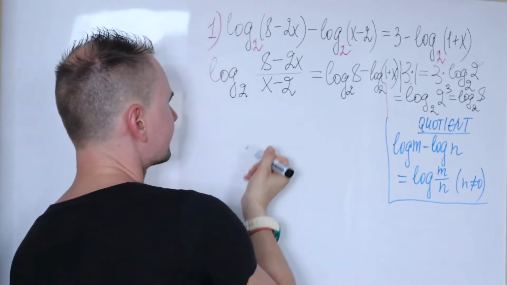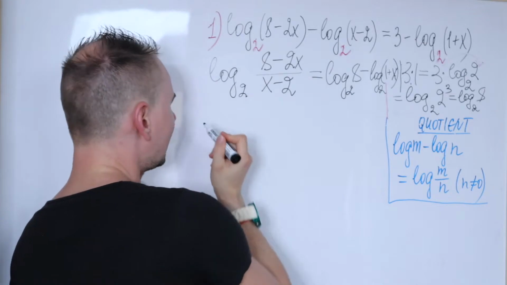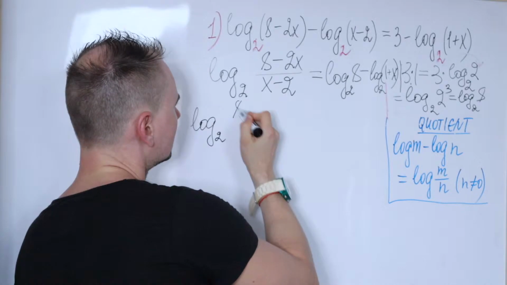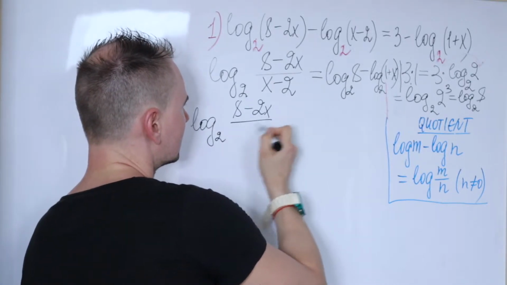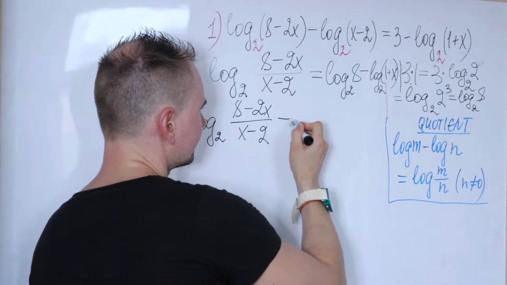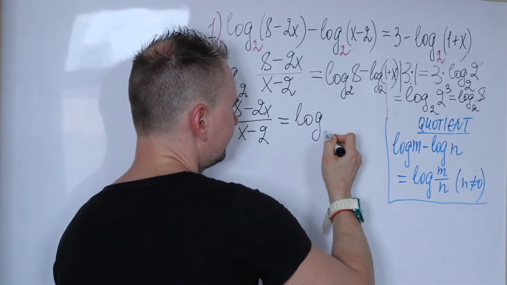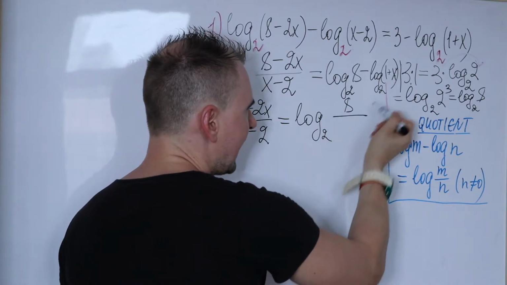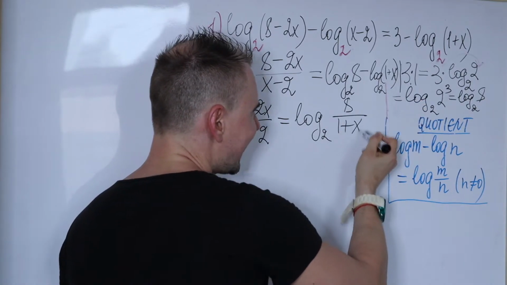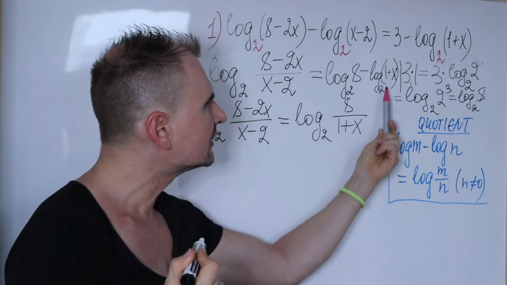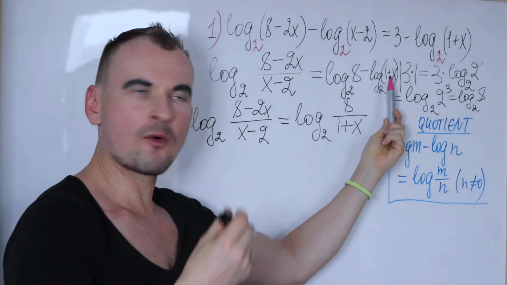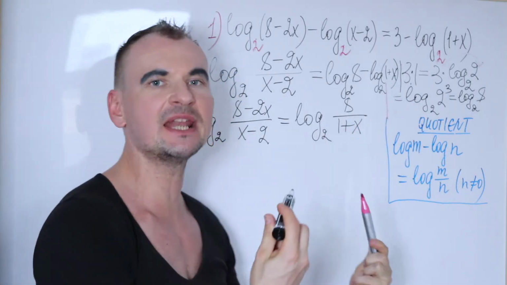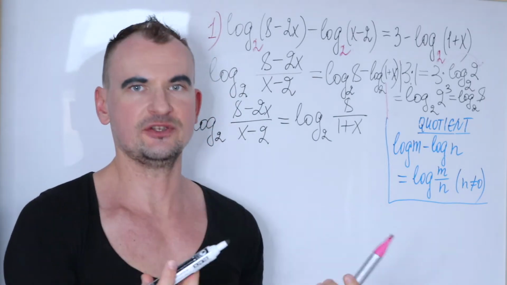I'm going to rewrite the left side as is, so it remains the same for now, x minus 2. And I would have one log. Since we have the same base, 8 goes on top, and 1 plus x, the argument of the second log, goes as the denominator of this new argument.